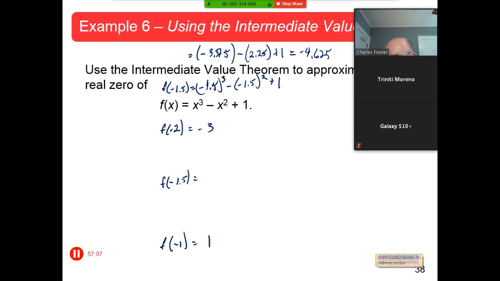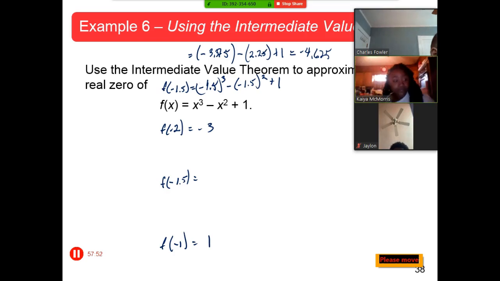Let me do that again. I've done something wrong and I can't figure out what it is. Oh, I know what it is.